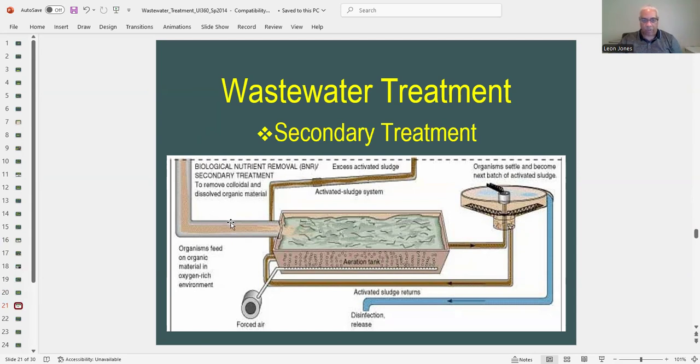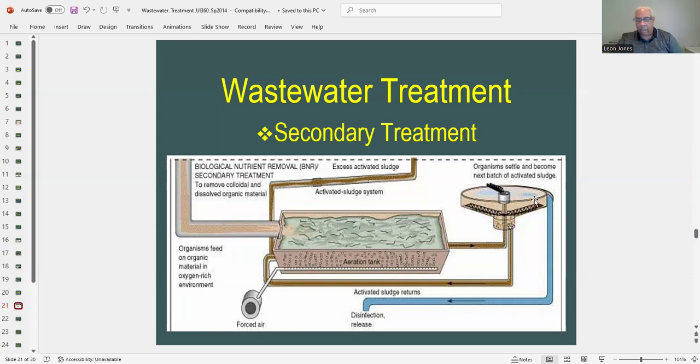So here's what happens. You have everything that's being removed. Here's your clarifier tank right here. When it comes to your secondary treatment, everything is removed by forced air. Also, organisms feed on organic material in oxygen-rich environments.